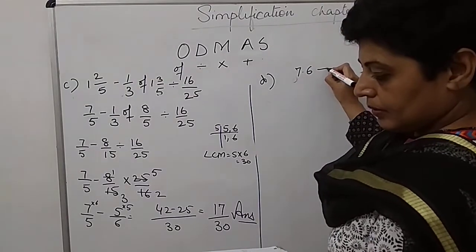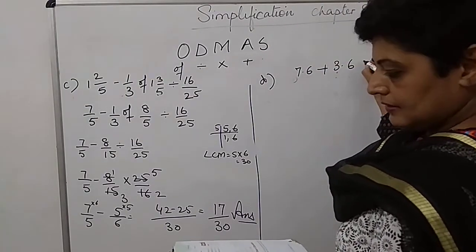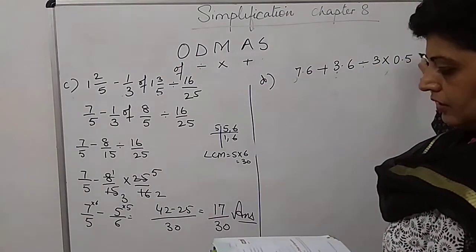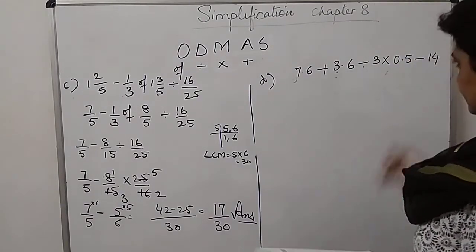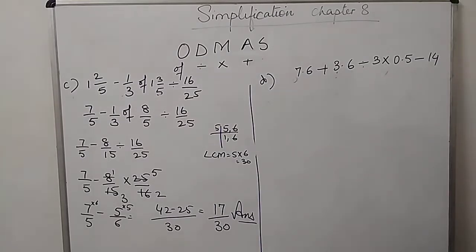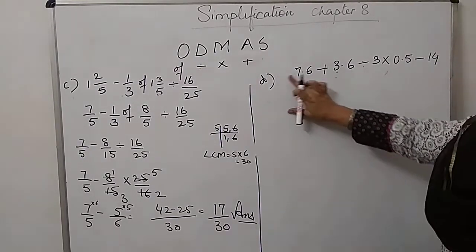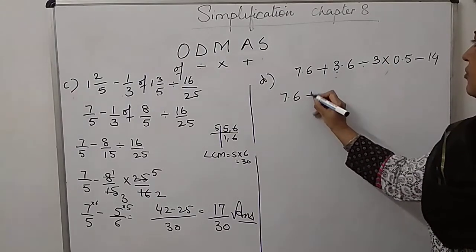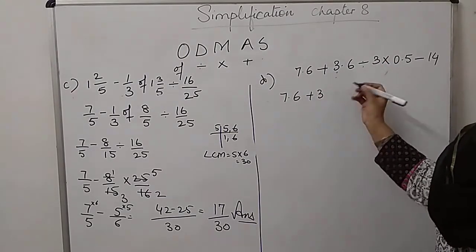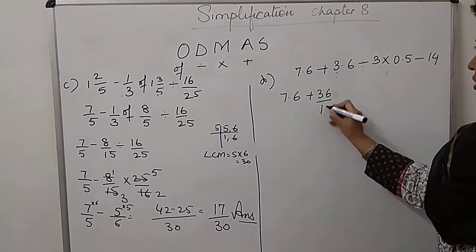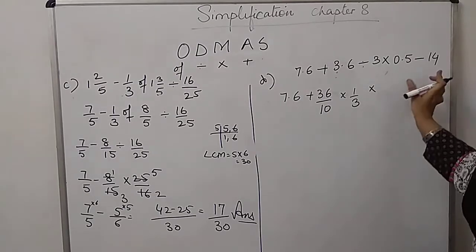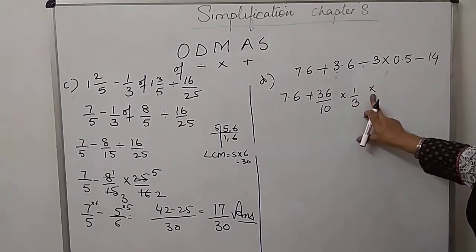7.6 plus 3.6 divided by 3 multiplied by 0.5 minus 1.4. Now there is no of here, so we'll start with division, this part. 7.6 plus 3.6, you can even convert it into a fraction and solve. 1 by 3 multiply by, now this is multiply, this is again multiply.